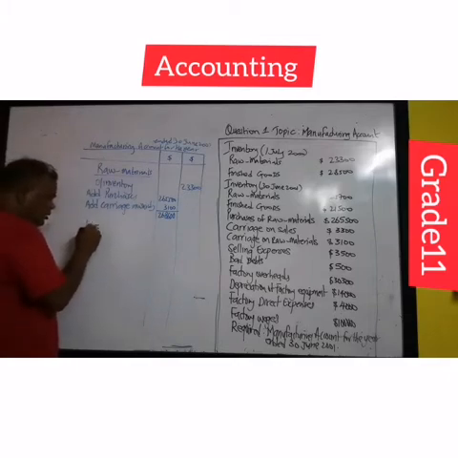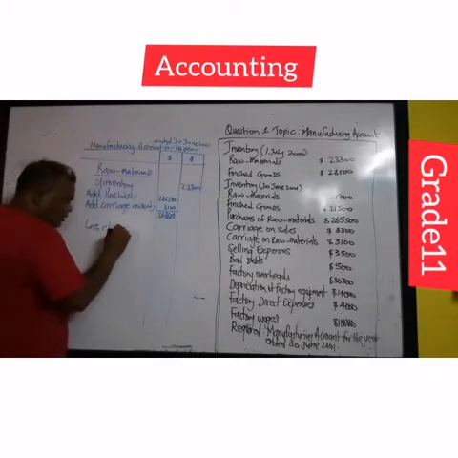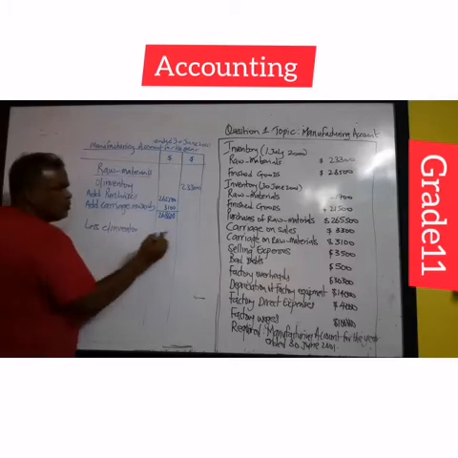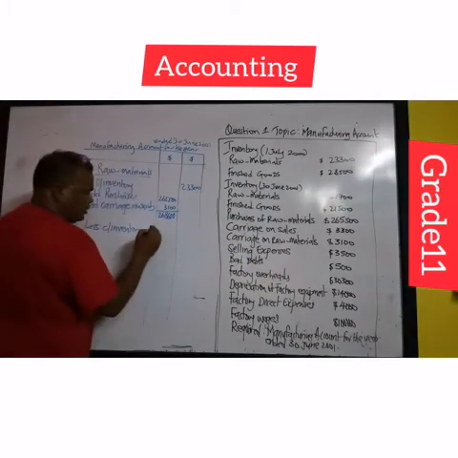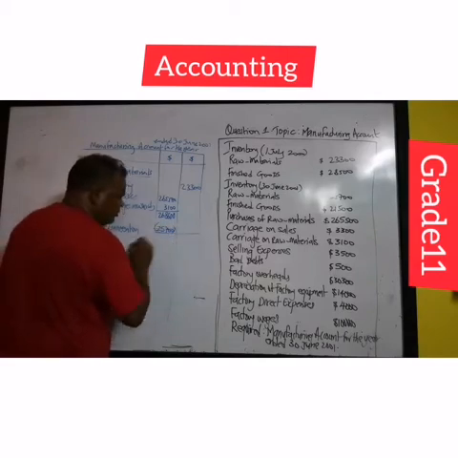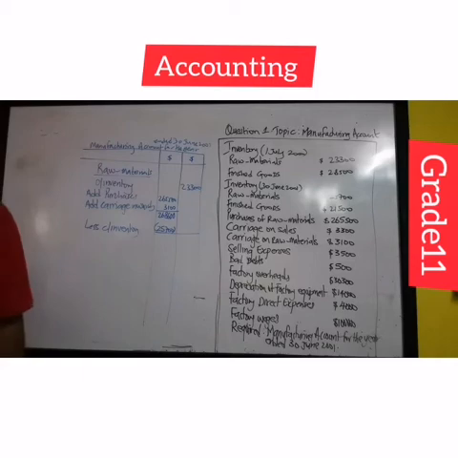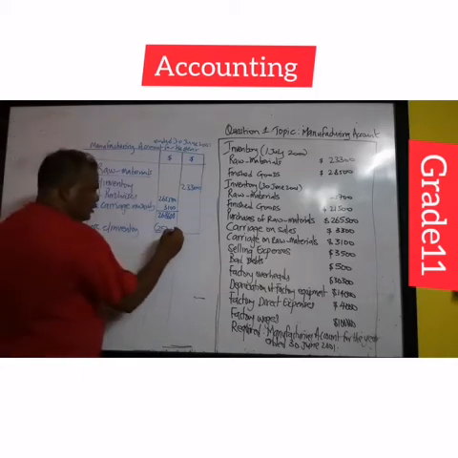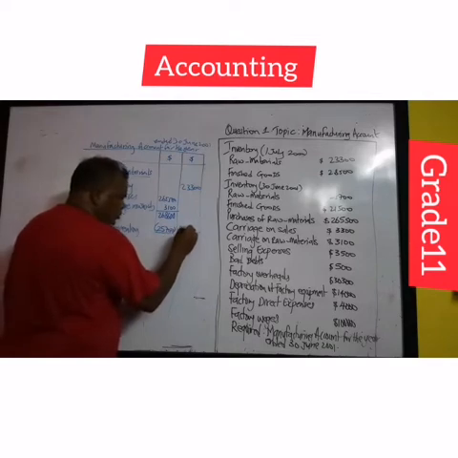Then we less closing inventory of materials. We have closing inventory of material 25,700. Then we move to the other side. This will give us 242,900.